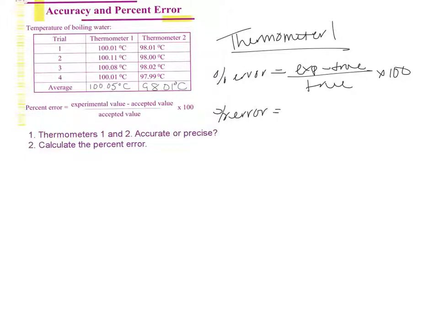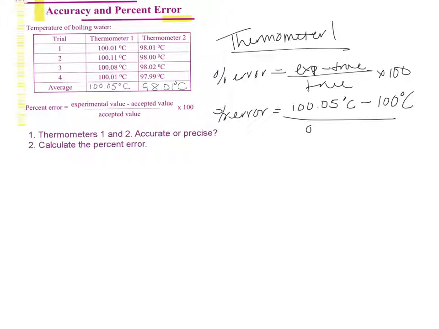All right, so we got percent error equals experimental, which is what we got. So what we got was 100.05. Again, I'm only calculating this once. I see kids do this all the time on the test. Why would you calculate percent error for every single trial? Just average them together and do it for that. I'm going to include my units, degrees C. Minus the true value, the boiling point of water, is 100 degrees C. It's infinitely significant. It's a standard.